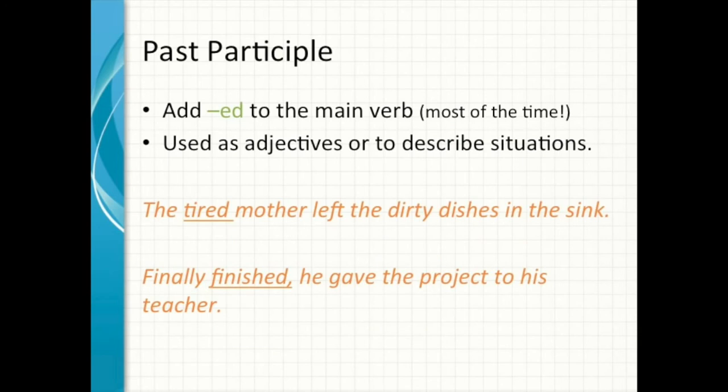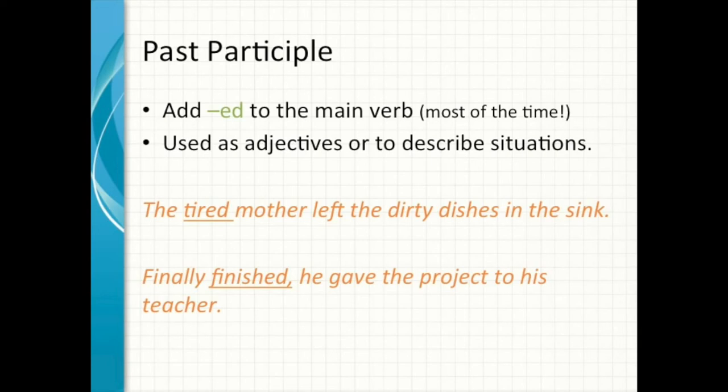How else can we use a past participle? Remember, a past participle adds ed to the main verb most of the time. Well, just like a present participle, a past participle can be used as an adjective, and it can also be used to describe situations. So let's look at the sentences. The tired mother left the dirty dishes in the sink.